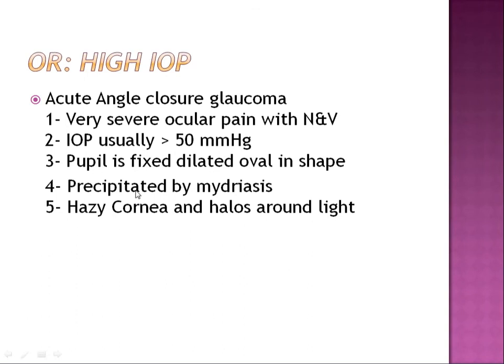This type of pain is precipitated by darkness, usually during the night or whenever there is mydriasis. It can happen even in your OPD when you dilate a patient without looking at the anterior chamber properly. If you have not checked that the anterior chamber is shallow and you have dilated, those who are prone can land up in an acute attack of angle closure glaucoma.